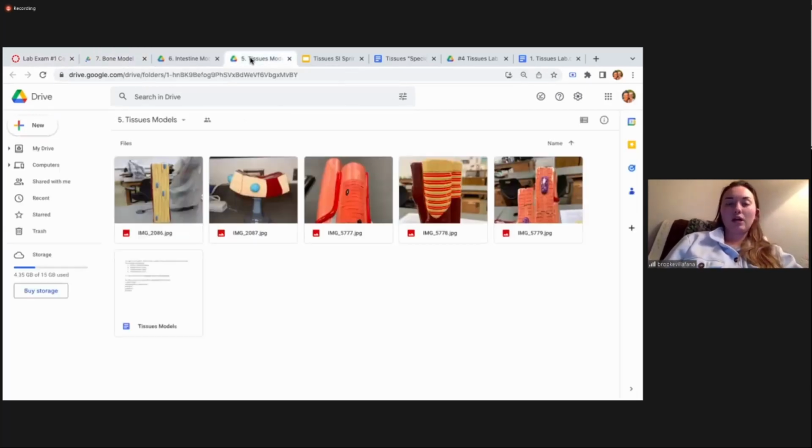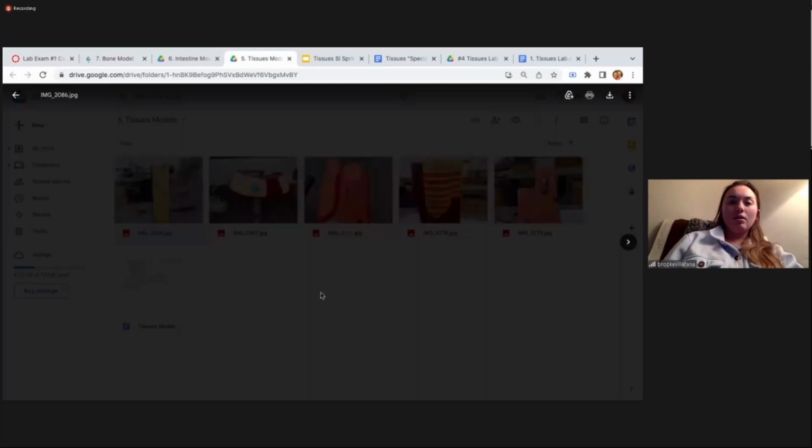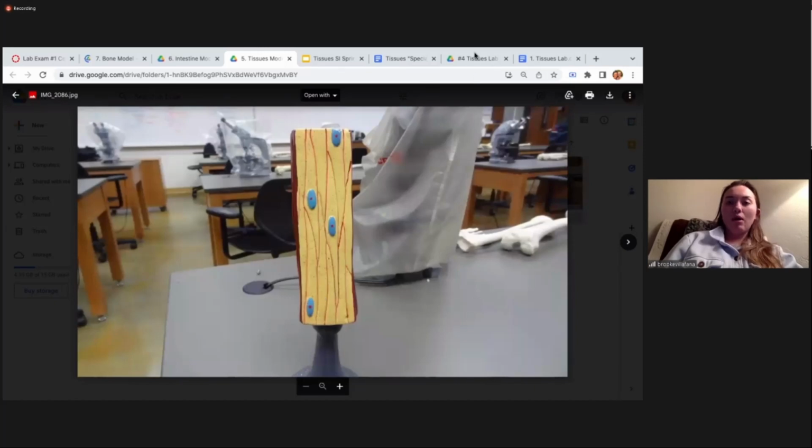Meiosis is a very challenging topic for students on the lecture exam. Okay, so this is going to be our smooth muscle model. And what do you need to know on it? You need to know, first off, that it's smooth muscle. And then you need to know that the shape of the cell is fusiform.